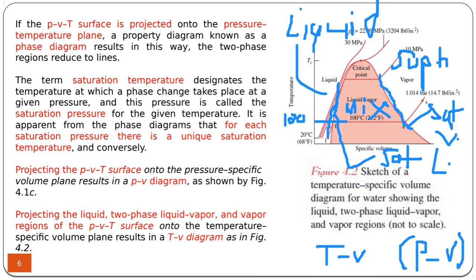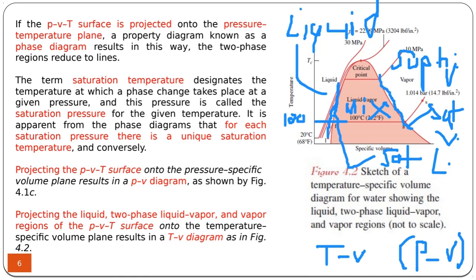As you can see, in the saturation zone or inside the mixture zone, you only need either temperature or pressure. So you need only one of them. But outside the saturation curve, if you are given a superheated vapor, for instance, you need not only the temperature but also the pressure to fix the state.